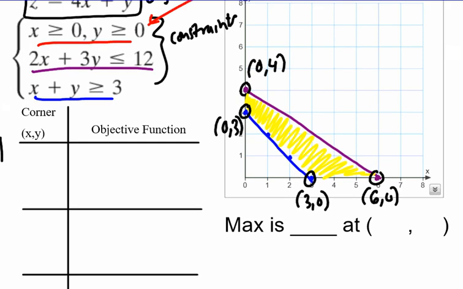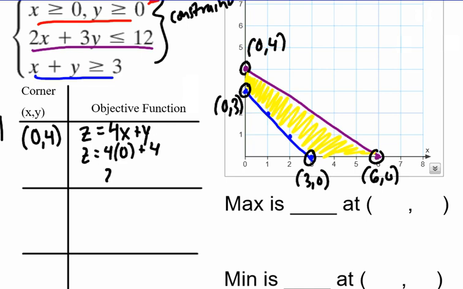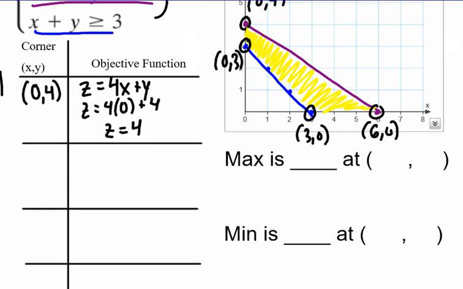It doesn't matter which order you check. If I want to check 0, 4 and I put it into the objective function, z is equal to 4x plus y, I would get 4 times 0 plus 4, so z would be 4. Then I could check 0, 3.